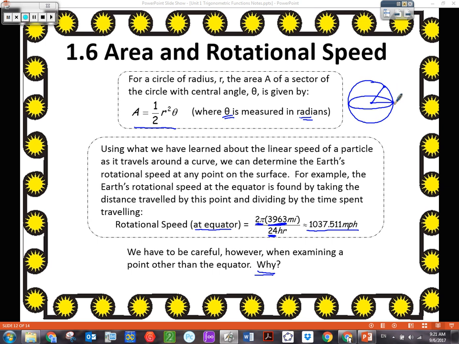It's not, is it? Because the rotational speed, this formula, relies on the radius. And the radius here is not the same as the radius here, right? This radius is different. So today we're going to calculate the new radius and find rotational speeds at different locations.